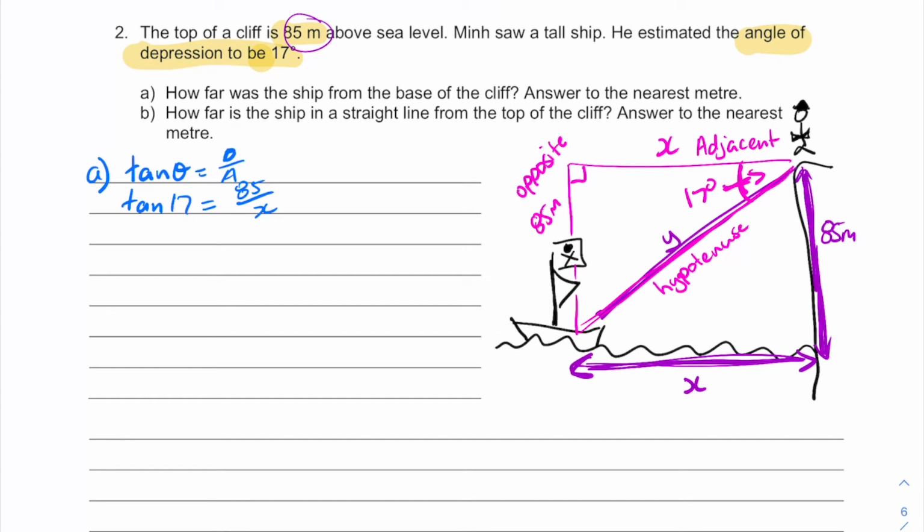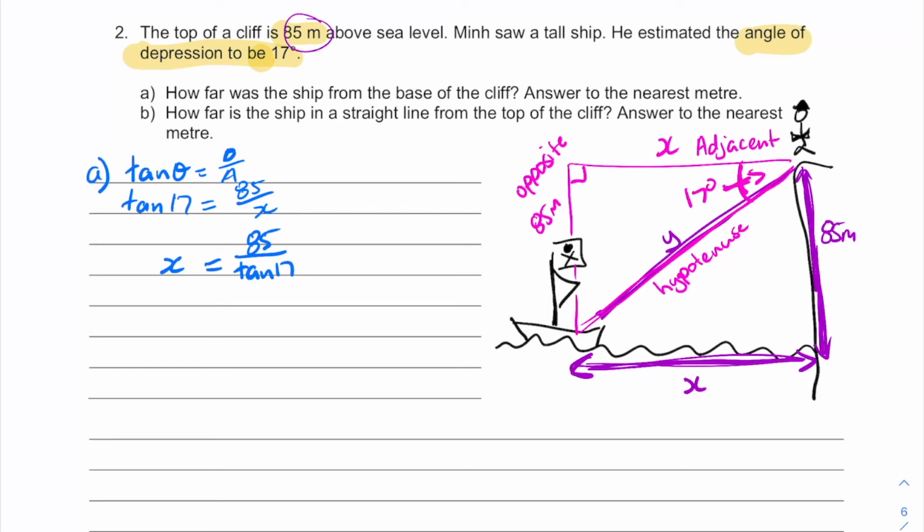Okay, so we can actually make this X equals 85 over tan 17, because the 85 stays in spot. It's just a really quick and easy way to do these particular problems if you can recognize that that's what's going to happen within the working.